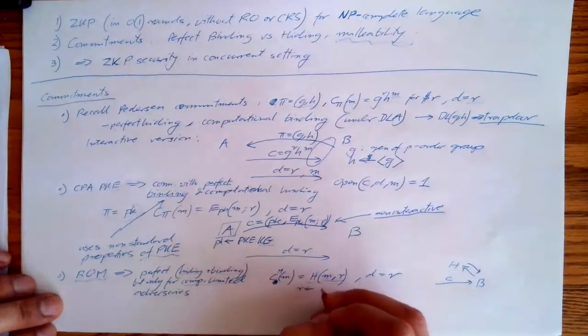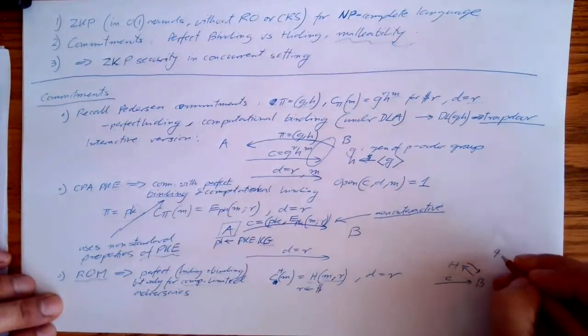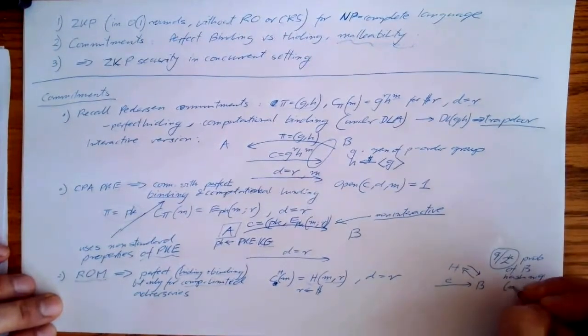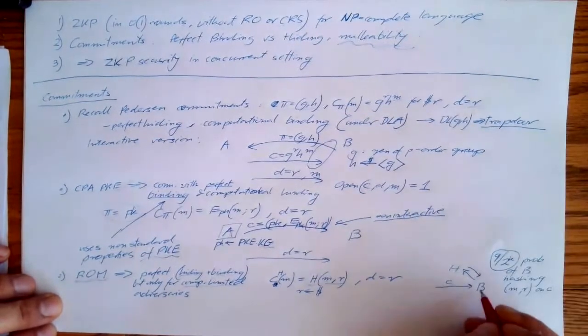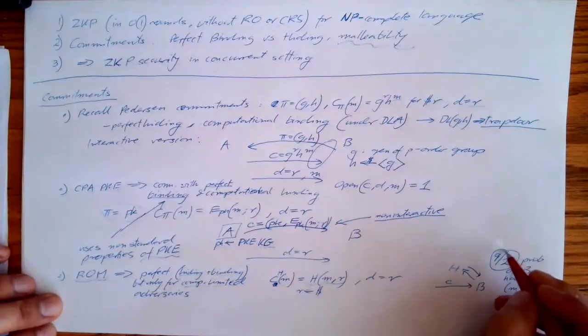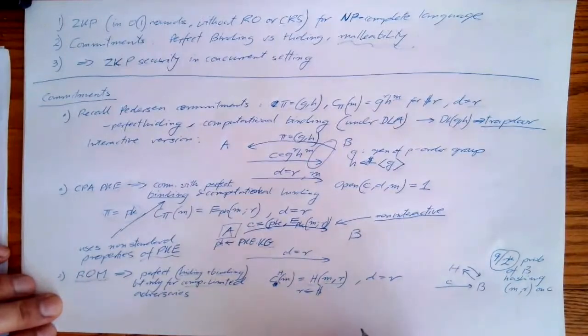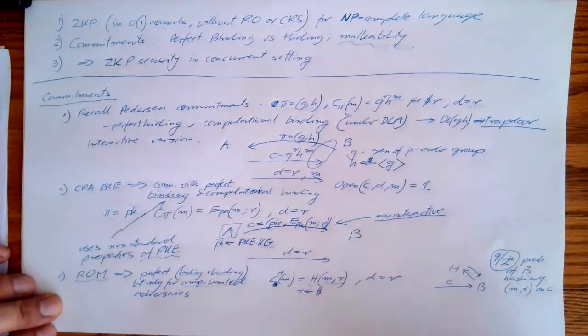And given that R is random, and as long as the number of queries over 2 to the security parameter is small, the probability of B hashing M and R to a given C is negligible. So if B has only the commitment, there is negligible probability that he will find the pre-image. And if he doesn't, there's nothing that this tells him. This is information theoretically independent of everything he sees.